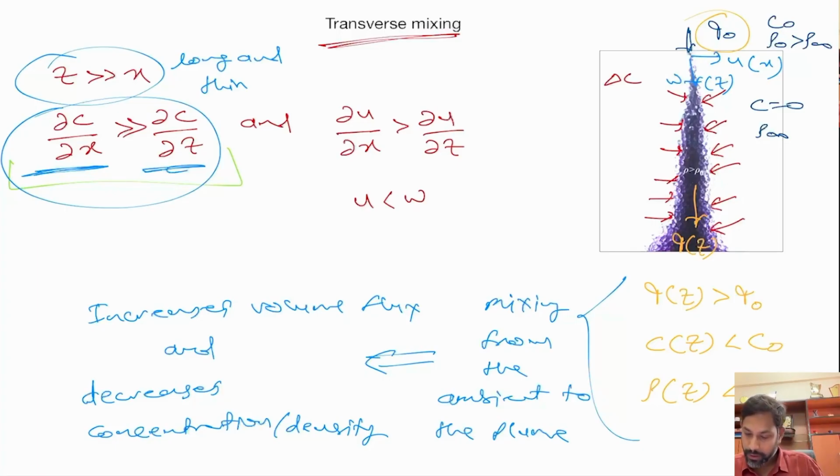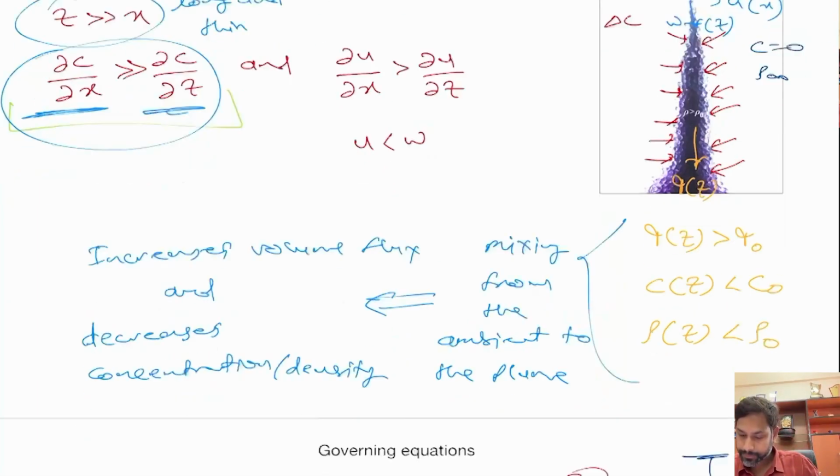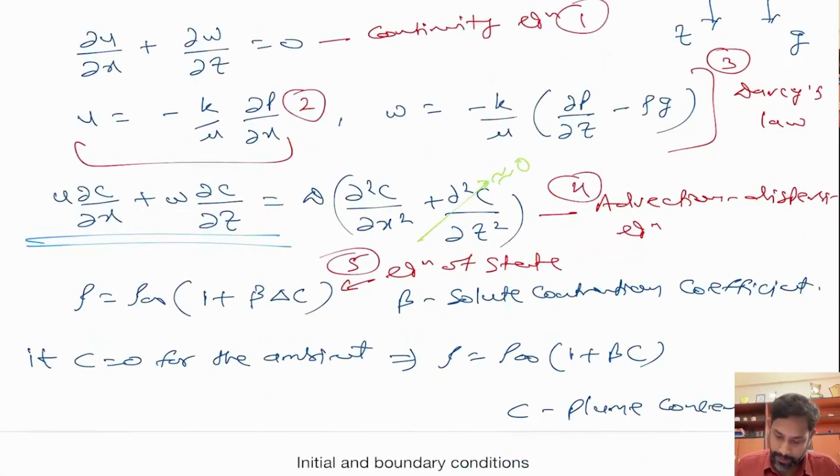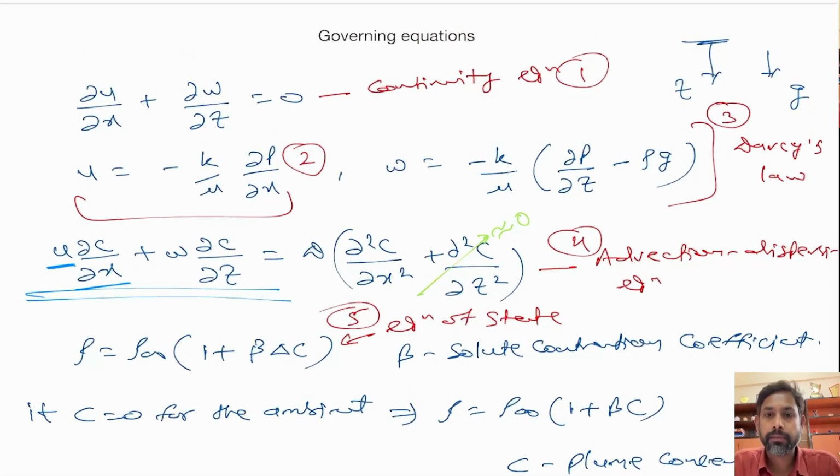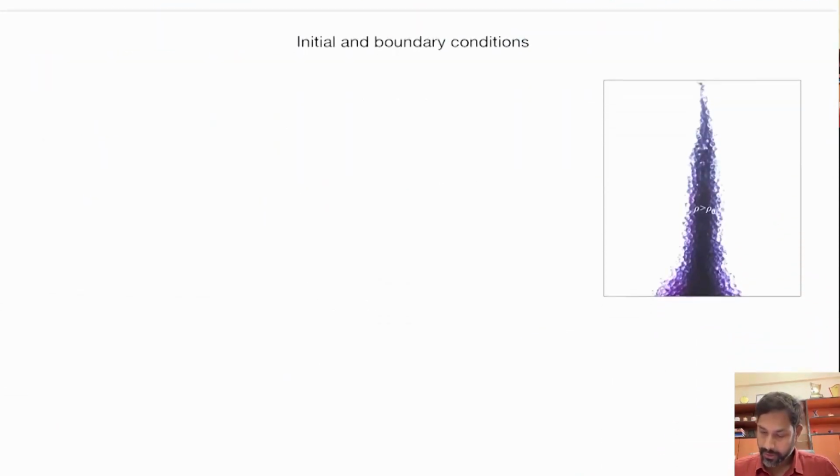So u is smaller, but dc by dx is greater than dc by dz. Okay, so in the left hand side term, it is difficult to avoid one over the other, and that's why we retain both the terms, whereas in the right hand side, we are able to simply neglect one of the terms.